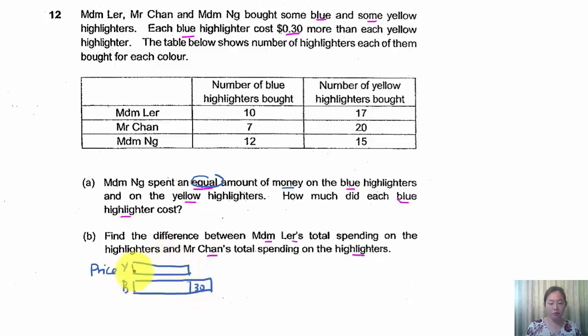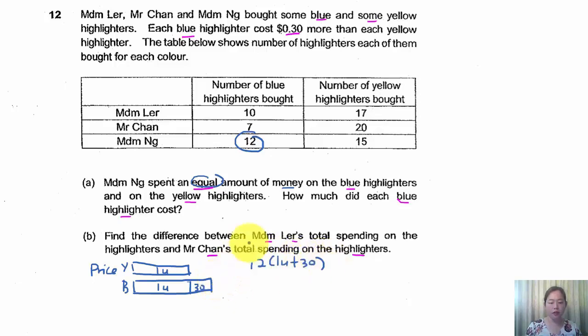So we can make the price of the yellow highlighter be 1 unit, and therefore the price of the blue highlighter will be 1 unit plus 30 cents. So we can see that if Madam Ng bought the blue highlighter, it would have cost her 12 multiplied by 1 unit plus 30.